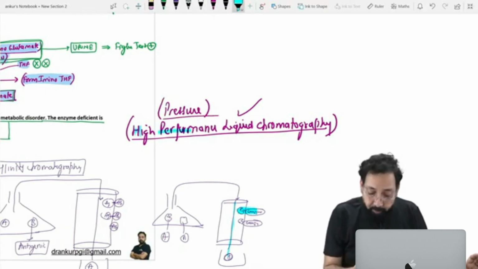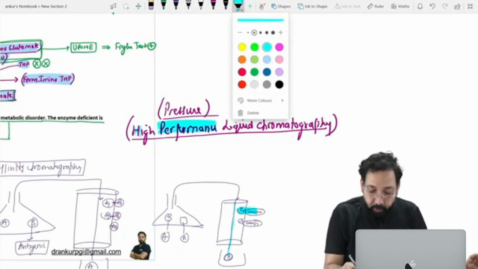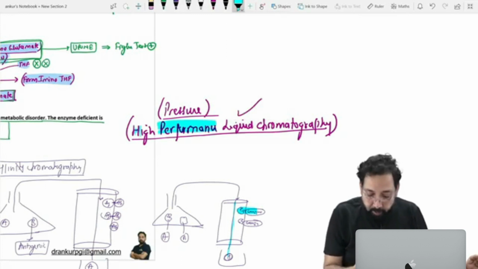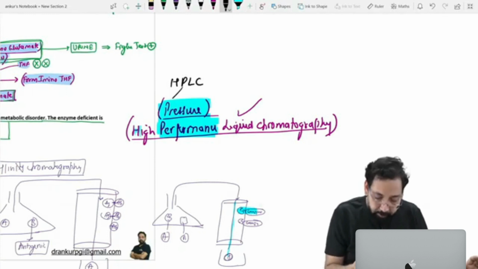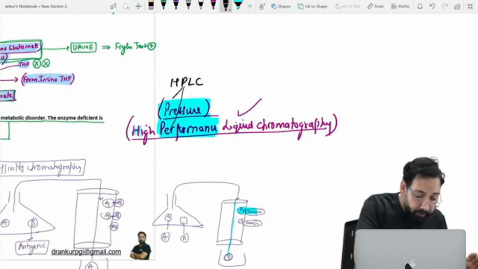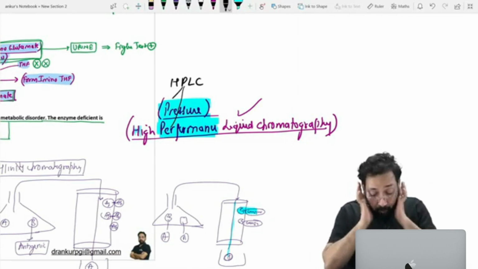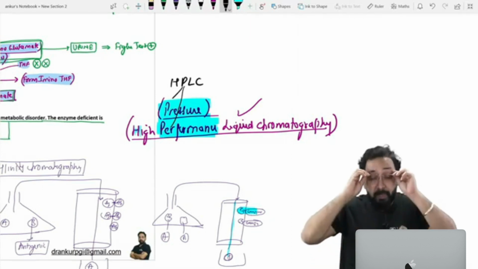High performance or high pressure liquid chromatography, both are the same. Sometimes it is called HPLC, P for pressure, P for performance.